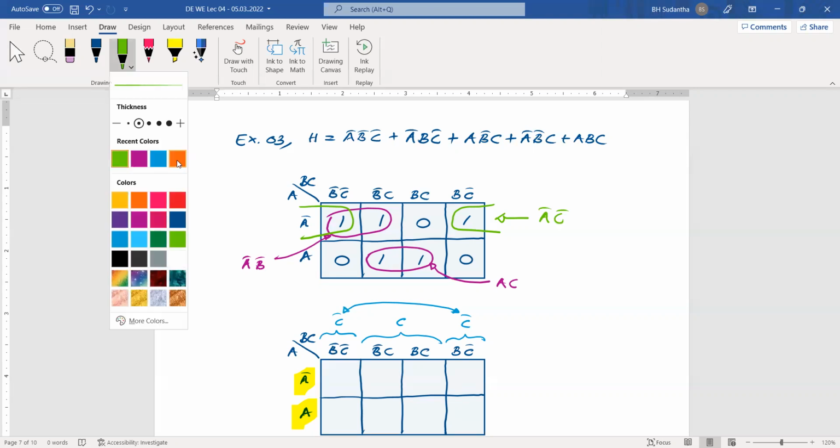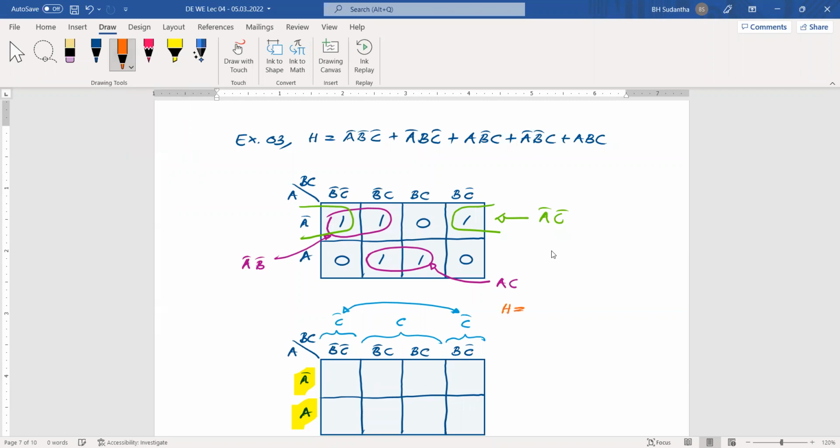Okay, then the minimized equation is H equals A bar B bar plus AC plus A bar C bar.